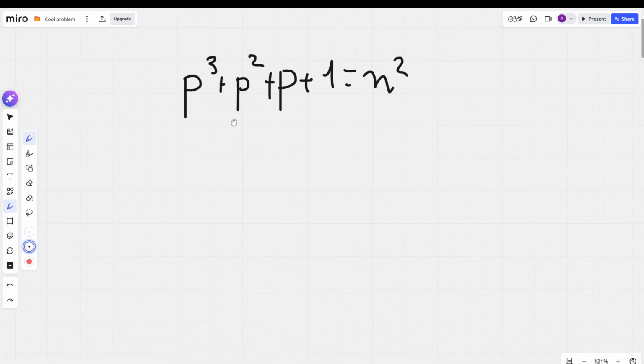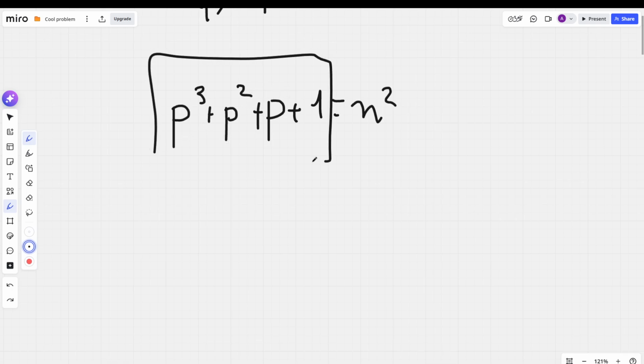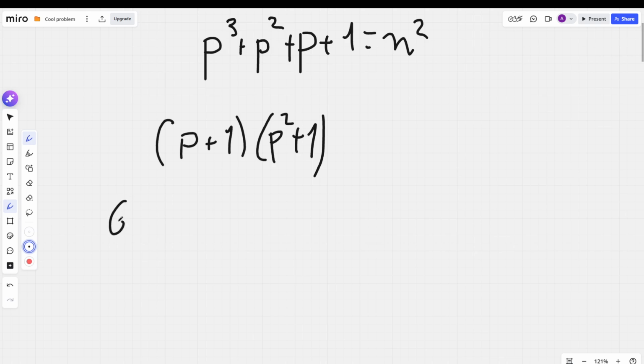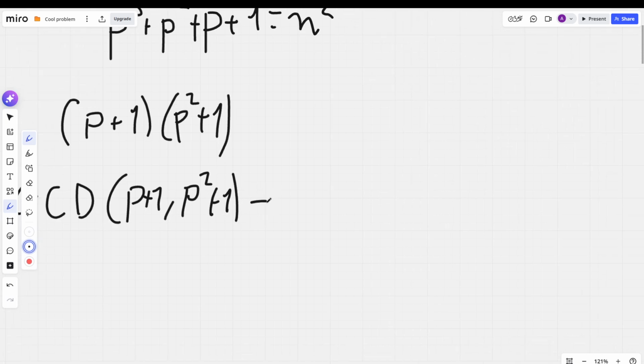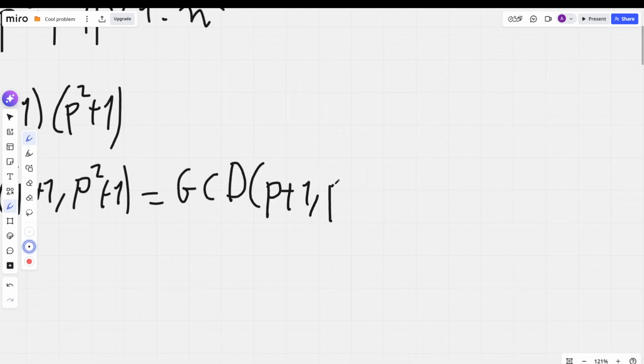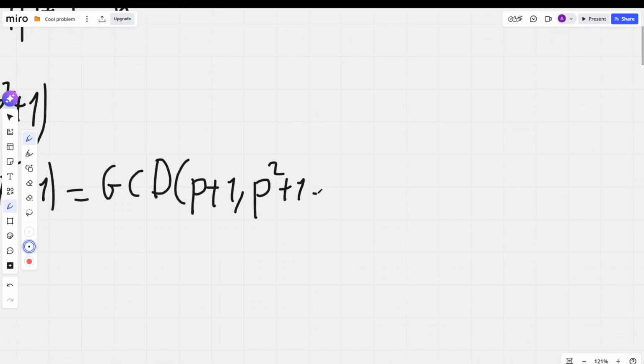So, the first thing we are gonna do is factor this left hand side into p plus 1 and p squared plus 1. Now notice that the greatest common divisor of p plus 1 and p squared plus 1 is equal to the greatest common divisor of p plus 1 and p squared plus 1 minus p plus 1 times p.